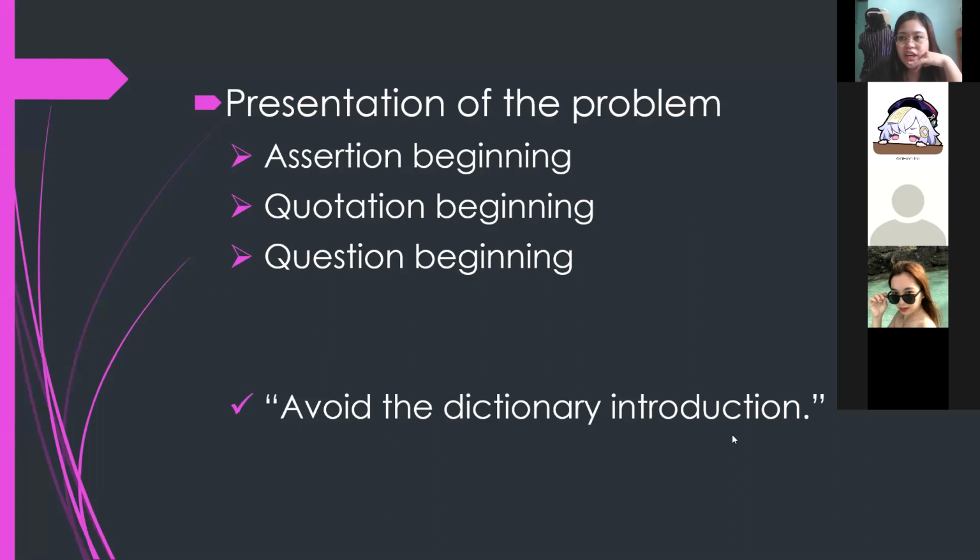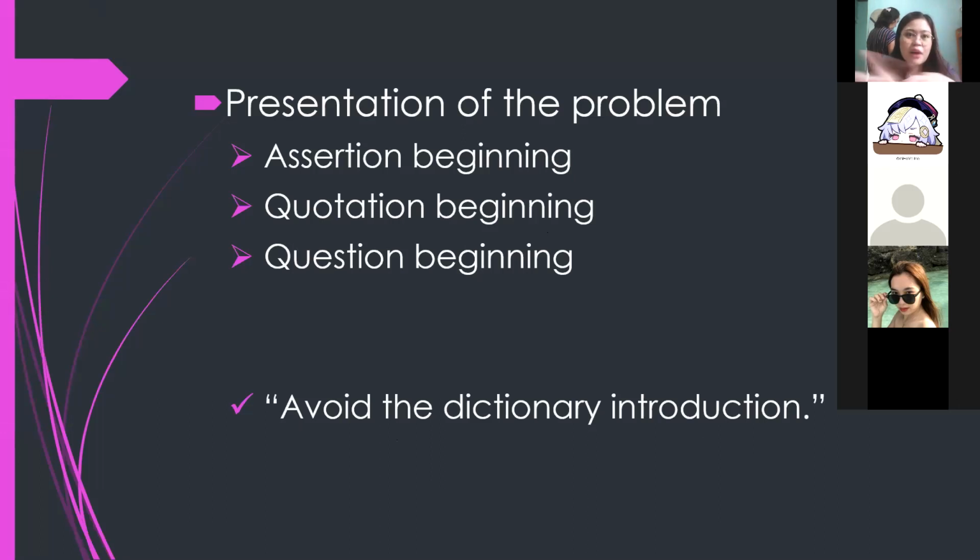Please take note of this. Avoid the dictionary introduction. Sa inyong problem, wala ta nag-introduce og problem based kung paano siya gi-define sa dictionary or paano siya gi-define sa books. Sa mga example nga gipakita nako, wala mo nakakita nga gi-define nako ang cancer, kung unsa ang meaning sa cancer.